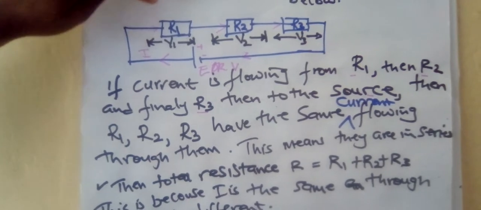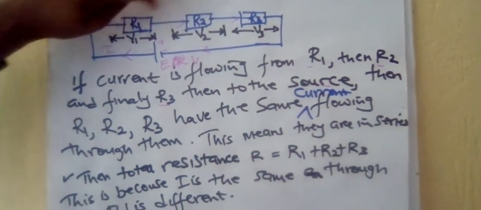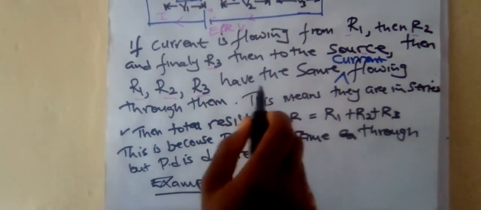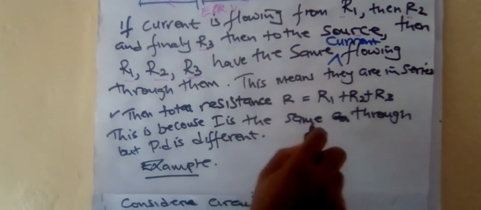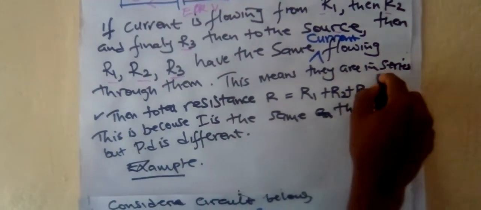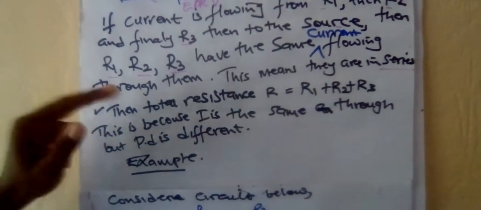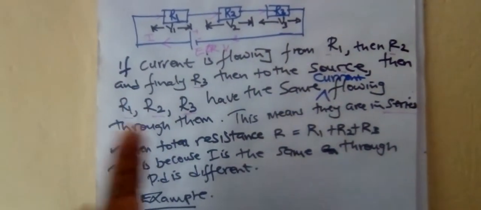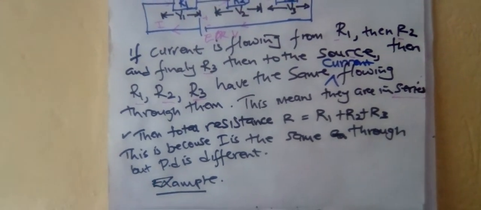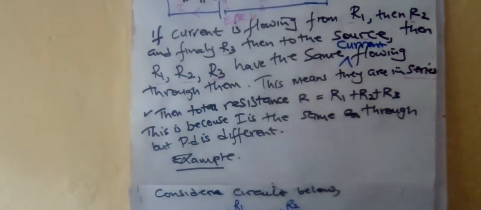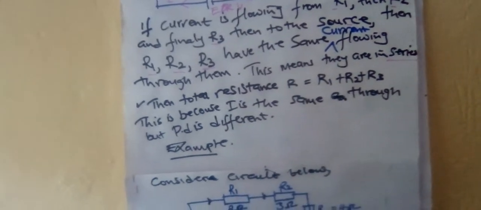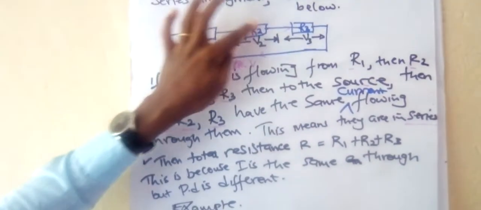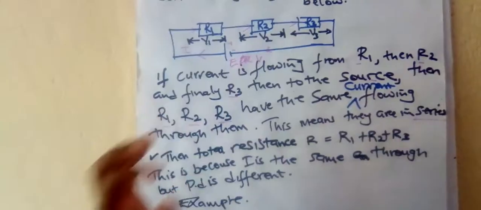Since R1, R2, R3 have the same current flowing through them, they are in series. So series arrangement is when resistors have the same current flowing through them. This means that I through R1 is the same as I through R2 is the same as I through R3.